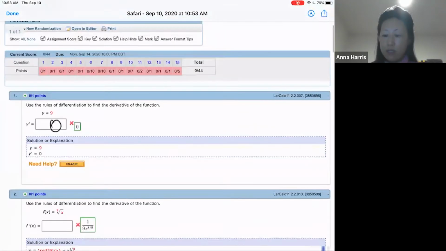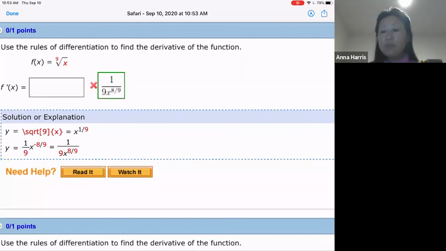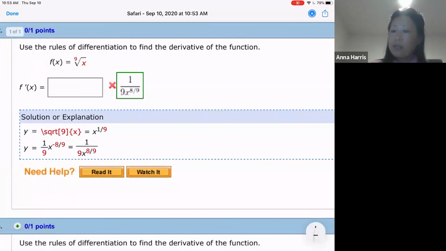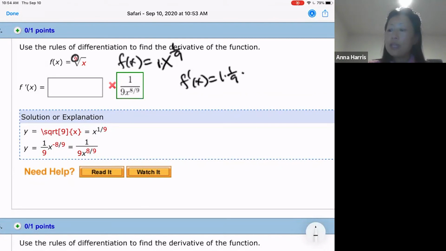Okay, like this kind of problem, I have to rewrite this problem first, right? So let me rewrite it. That means the same as x to the 1/9 power. This index is the denominator of your power. It's a 9, so it's the same as that. Then I can just take the derivative of that, which is, remember there's a 1 in the front, so 1 times 1/9 times x to the 1/9 minus 1.